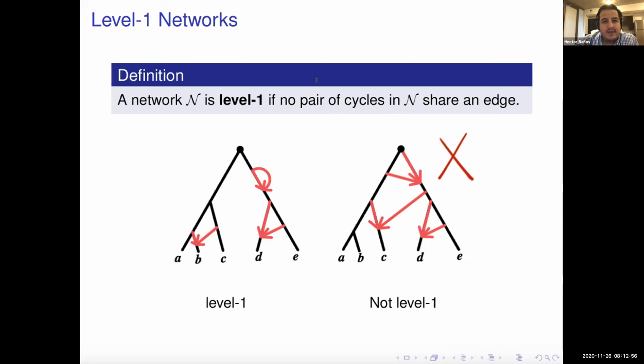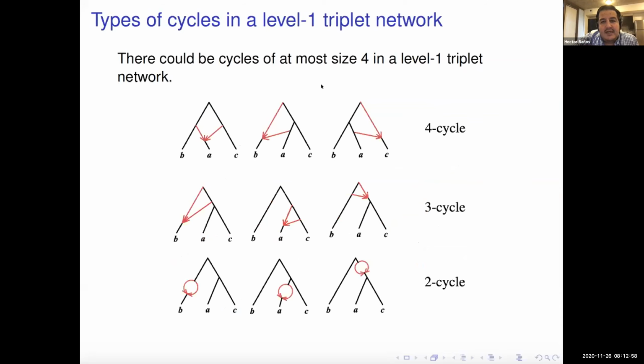Okay, so what can we see in level 1 triple networks? In a triple network that is level 1, there could be cycles of at most size 4. The size of a cycle is just how many edges that cycle has. They don't have to be directed. So these are cycles of size 4.